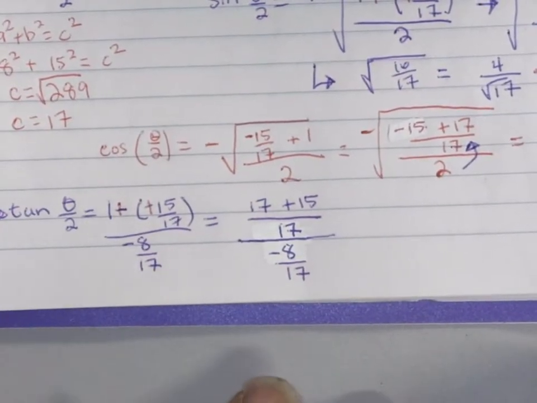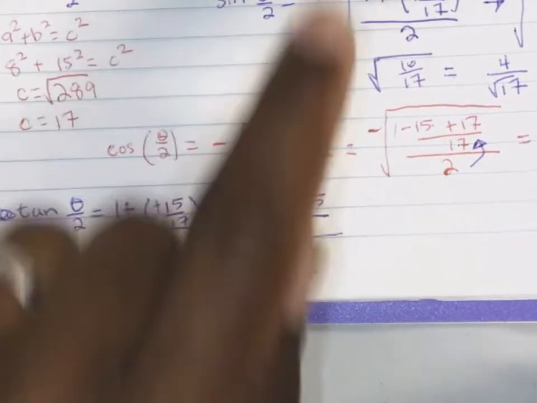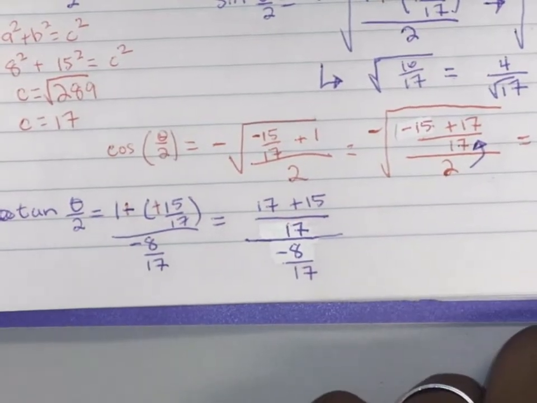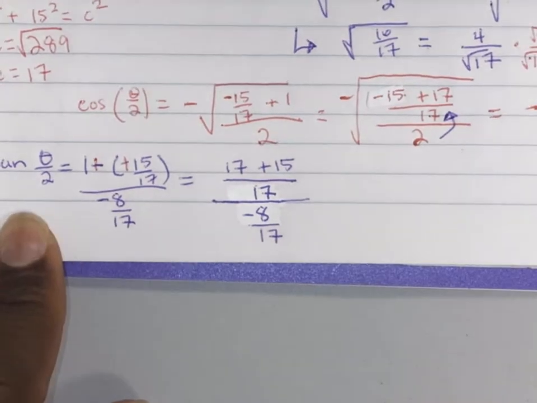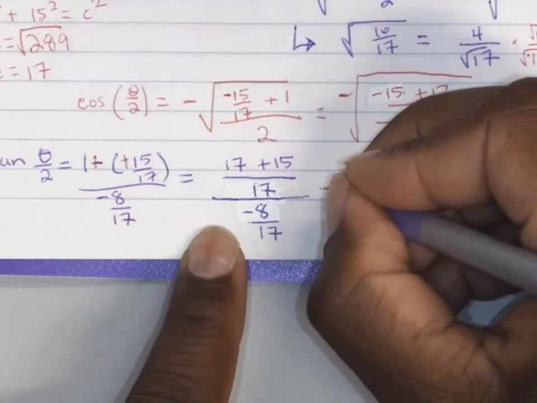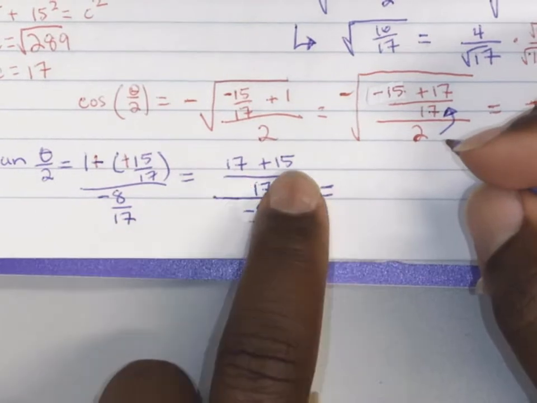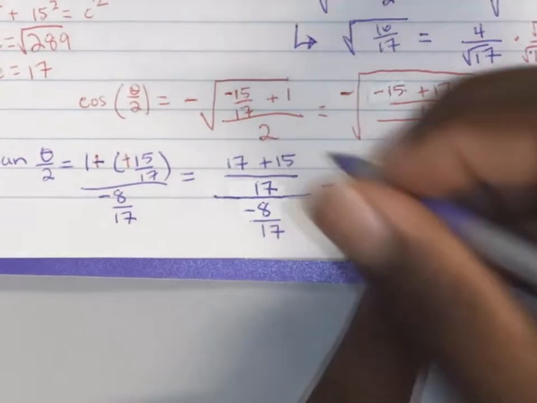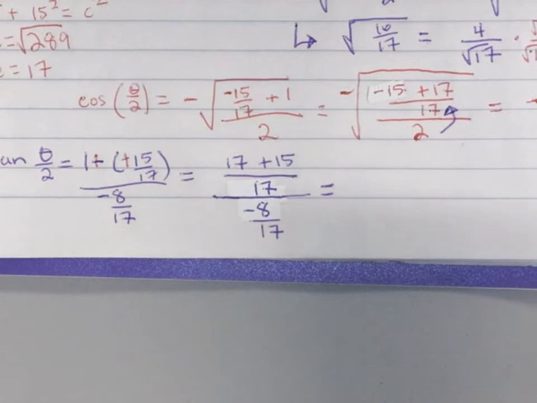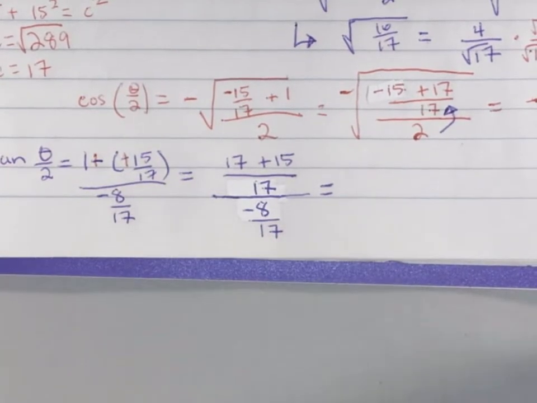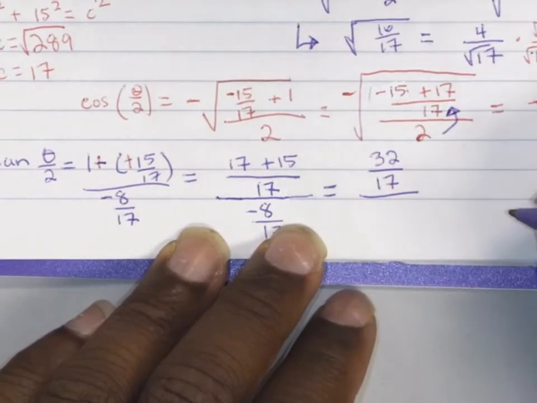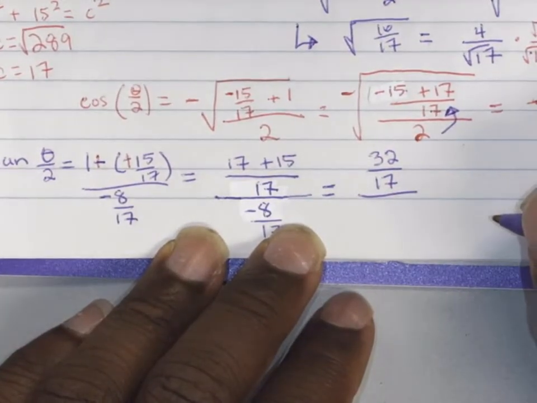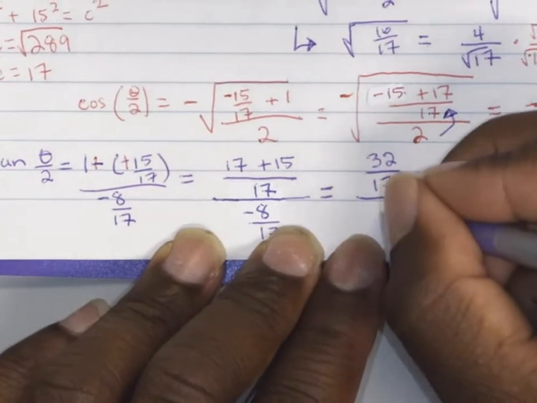Negative 15. Something feels off. I get my signs right. All right. So 17 plus 15 is 32. 32 over 17 divided by negative 8 over 17.